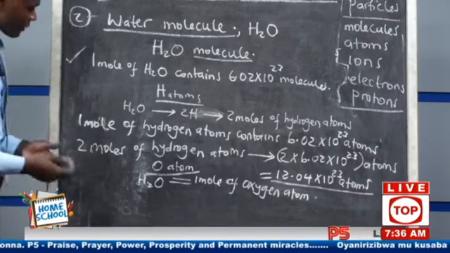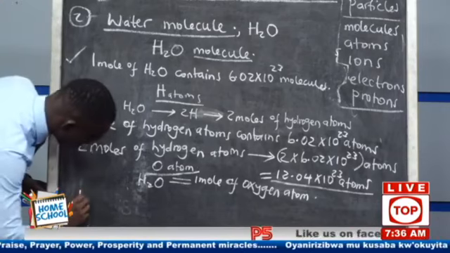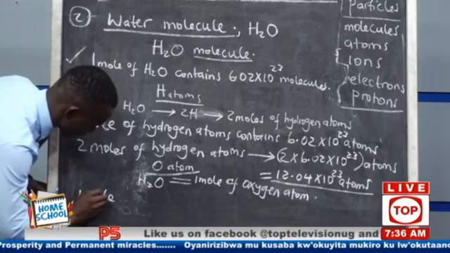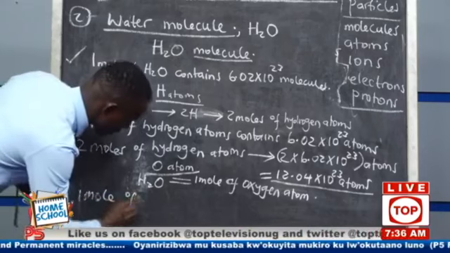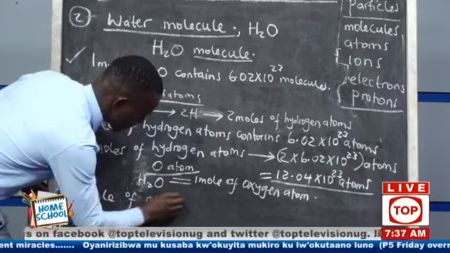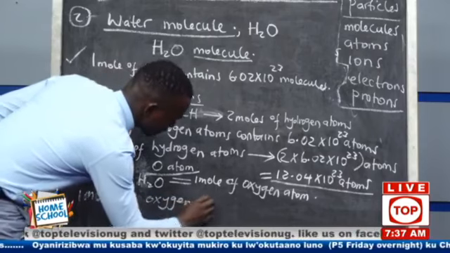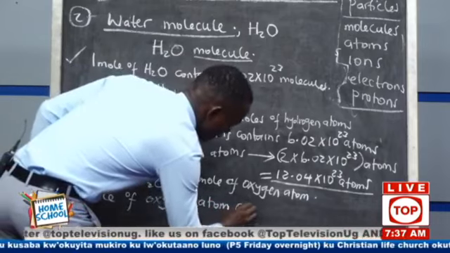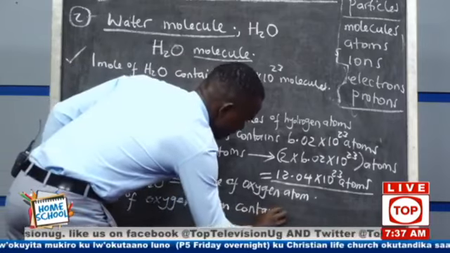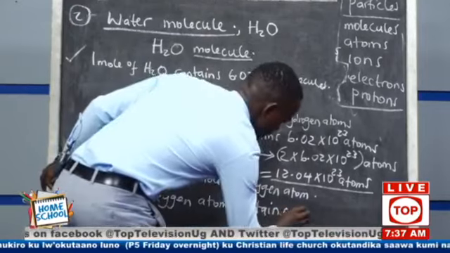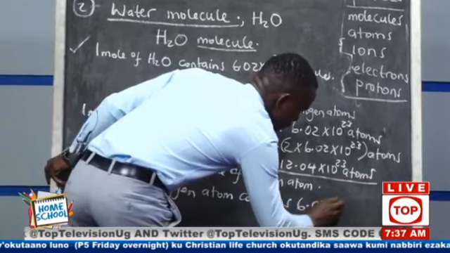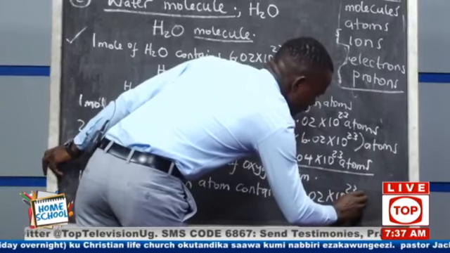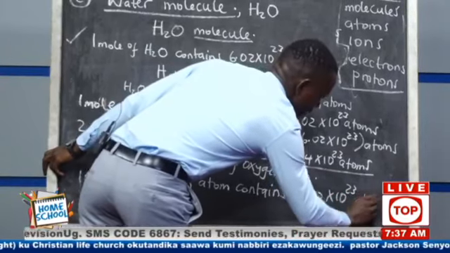And now, since there is 1 mole, we shall say 1 mole of oxygen atom contains 6.02 times 10 power 23 atoms.